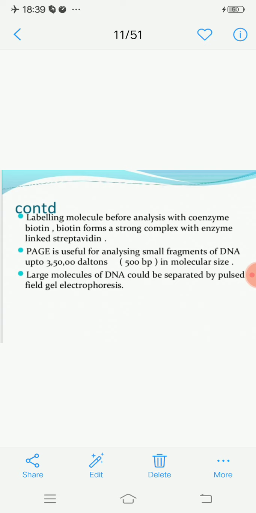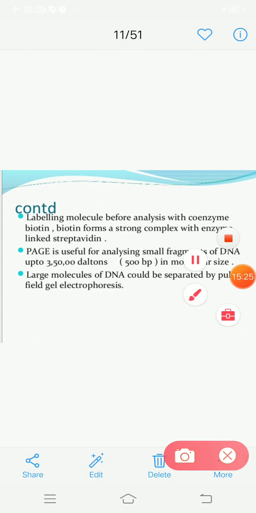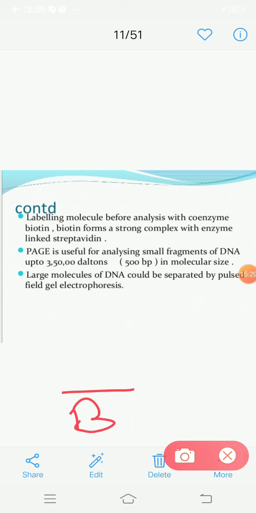The same thing I told you: what does probe mean? A probe must be a DNA sequence or a stretch of DNA or RNA which must be complementary to your gene of interest. Suppose this is your gene of interest and this is the biotin. There is a particular sequence of this biotin. There is another protein, streptavidin.